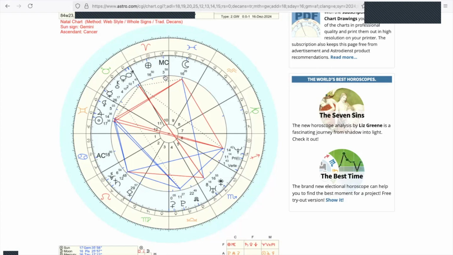Depending on the degree and the placement of the planet, it will let you know how much of the planet is contributing to that person's personality in that area of their life. And now, personality is expansive. When I say personality, I don't only mean the first house.